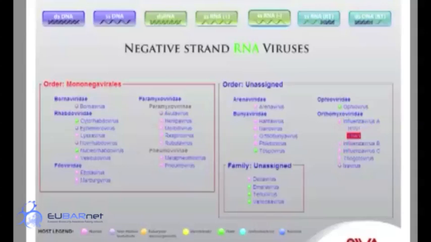Okay, so now we will talk about negative strand RNA viruses. This is a very important group of viruses because they cause many diseases, important both for animals and for man. For instance, you have the Lyssaviruses that cause rabies. You have the Morbilliviruses that cause measles.